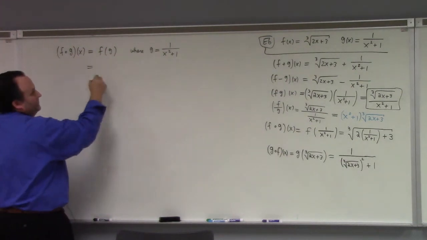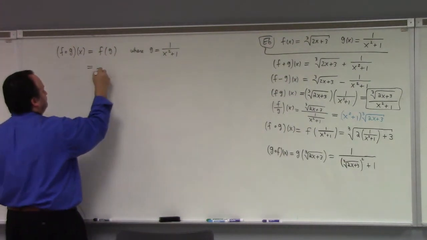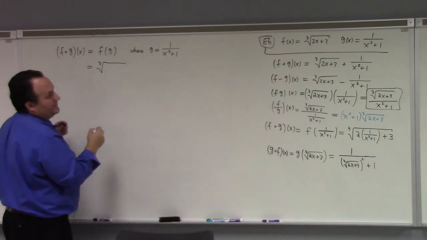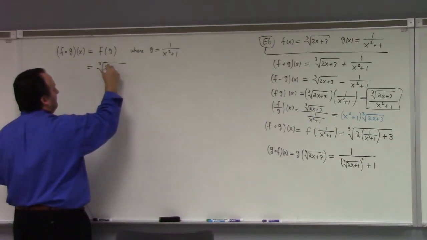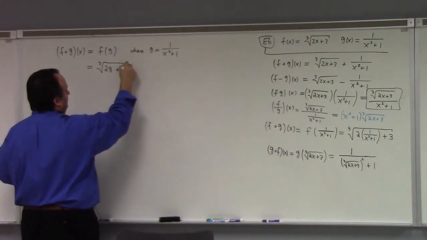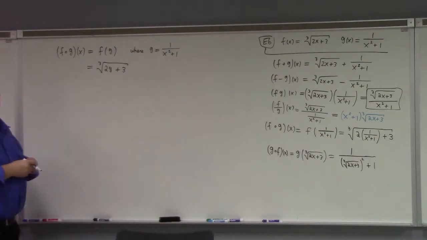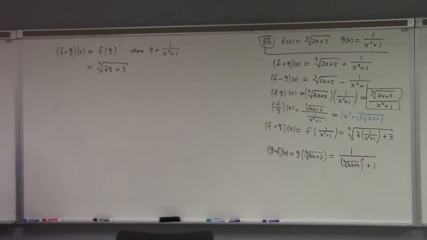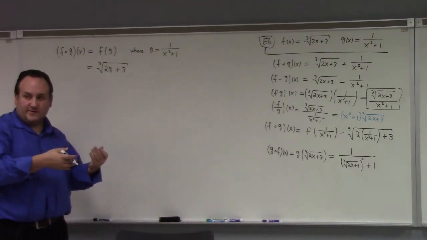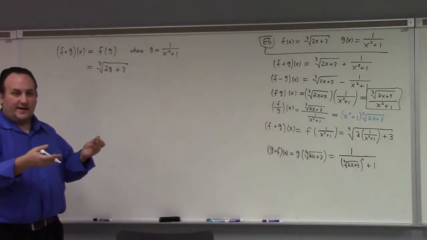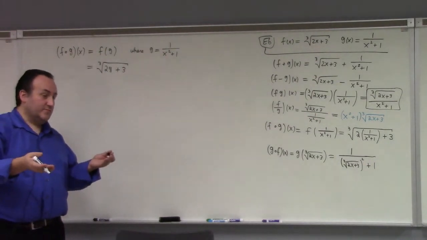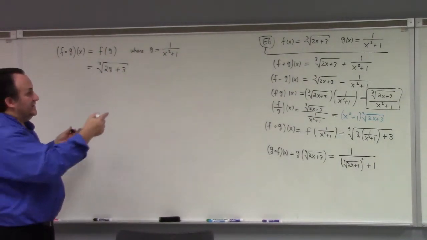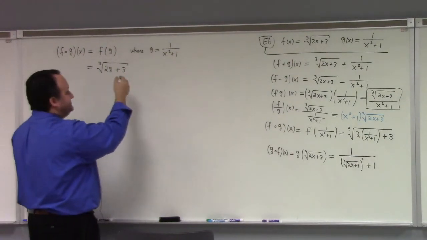So my f is cube root of 2g plus 3. Right? You guys get that, right? That's not a mysterious step, is it? All I'm doing is changing the letter x to the letter g. We get that? Now, once you get that, substitute the formula for g into that.